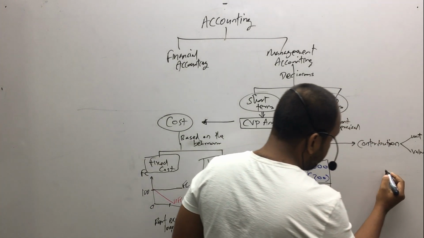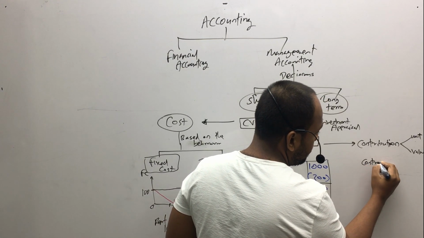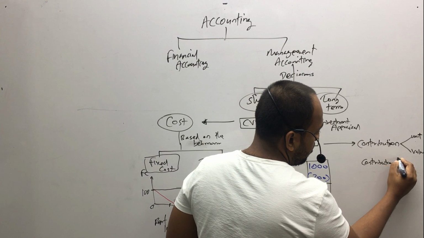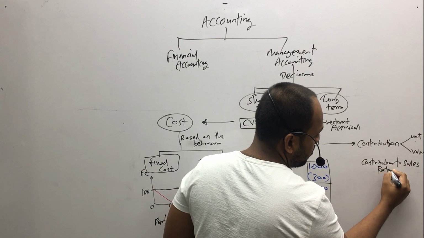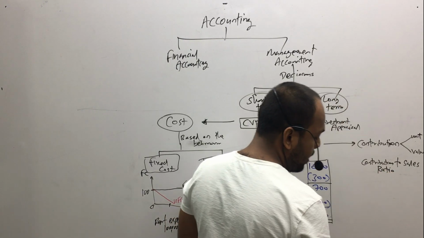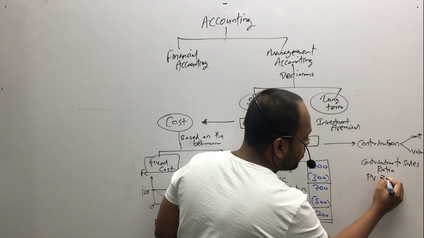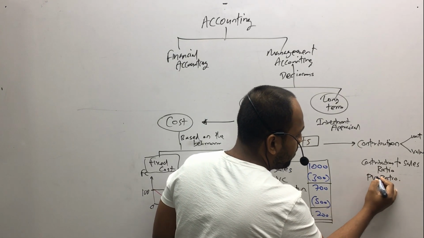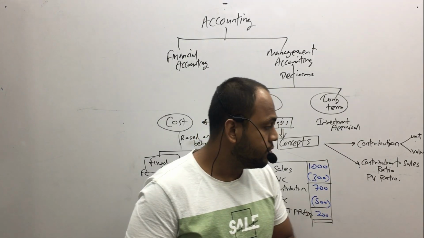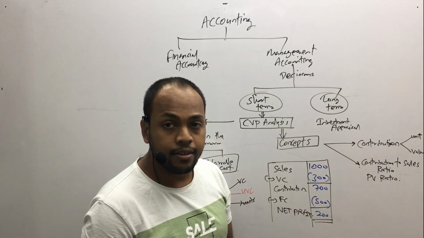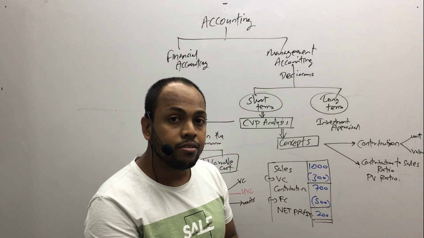Then we have another concept, contribution to sales ratio. We call it the PV ratio, price volume ratio. That's the second concept that we will study. The equation is contribution divided by sales into 100%.